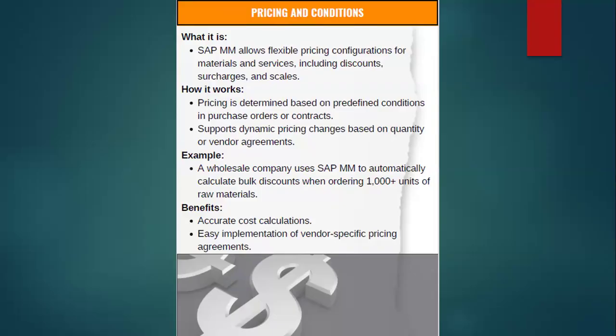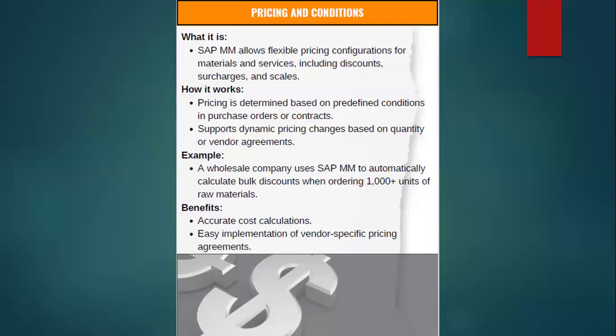Suppose I'm purchasing only 10 quantity, and suppose I'm purchasing 1 lakh quantity. Can I get the same price for both? No, na. So pricing can differ based on the quantity, and also based on the vendor. Maybe some vendor can provide at a lower price, maybe some vendor at a higher price. So in pricing and conditions, we decide how the price of that component will be calculated.